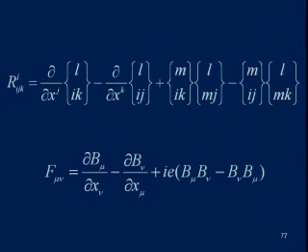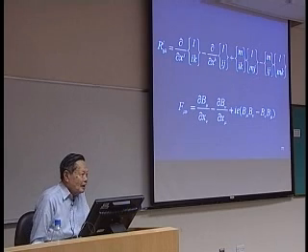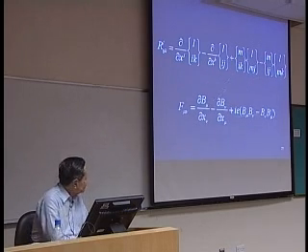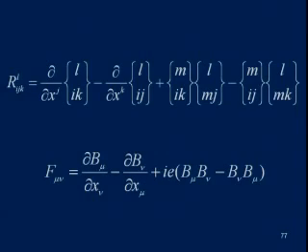As I wrote this on the blackboard, it occurred to me that it looks very much like this equation, which I was very familiar with, because after all, this part is a curl, and this part is quadratic, just like this.